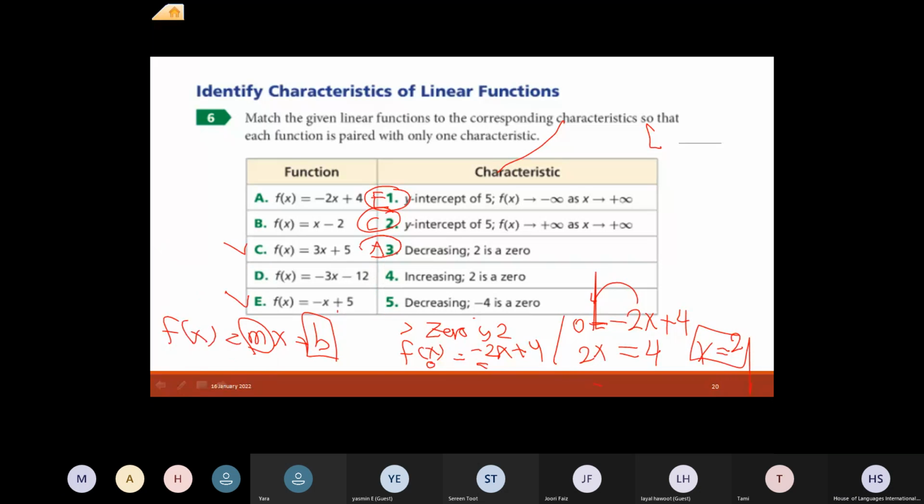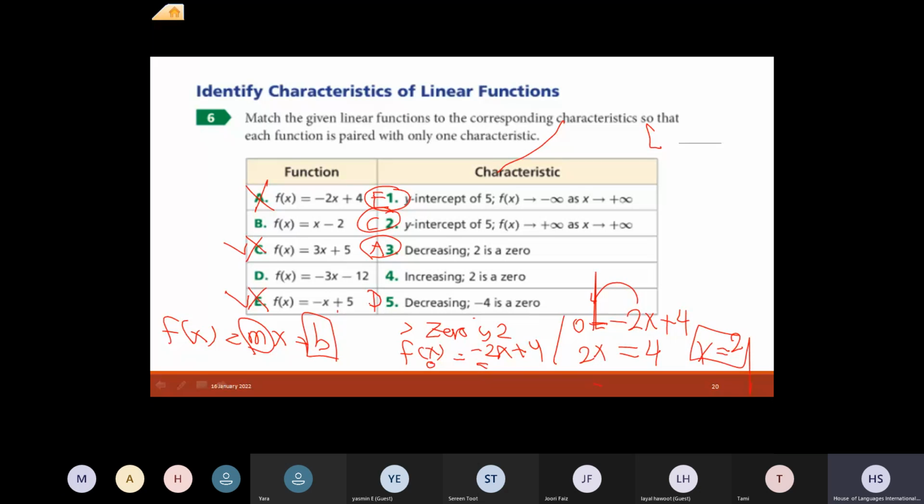Number 5. Decreasing and negative 4 is the 0. Which one is decreasing? A negative slope. We talked about E, C, and A. So it could be B or D. Which one is negative slope?